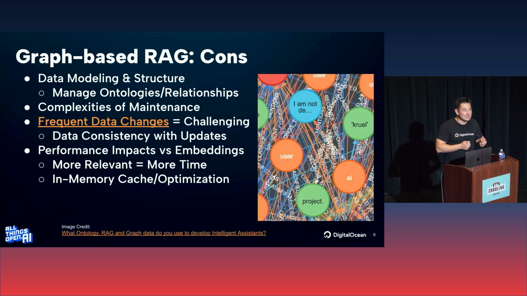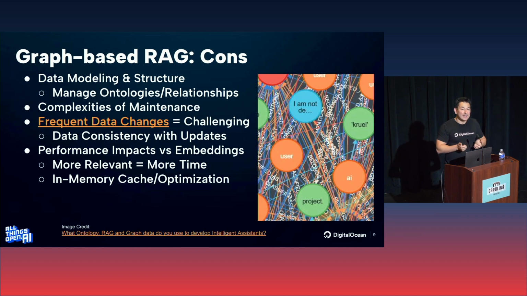The other thing too is, if you have frequently changing data, and you're updating that data really, really frequently, it becomes even more difficult to keep data consistency, to update the relationships between your different sets of data points. That's probably the most significant drawback to graph databases.